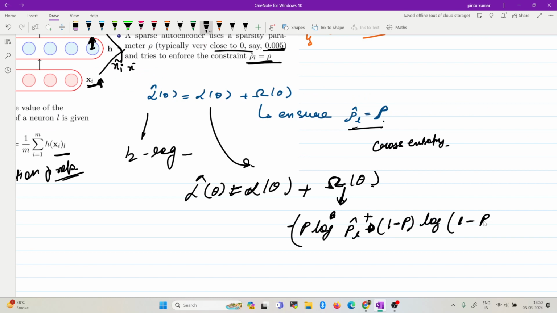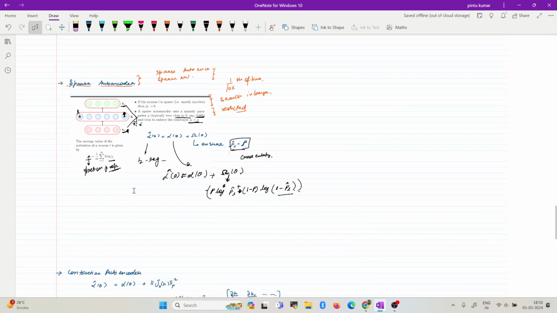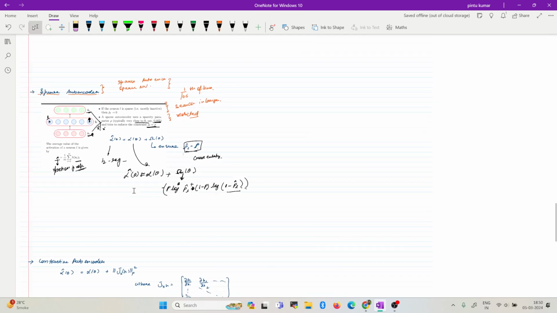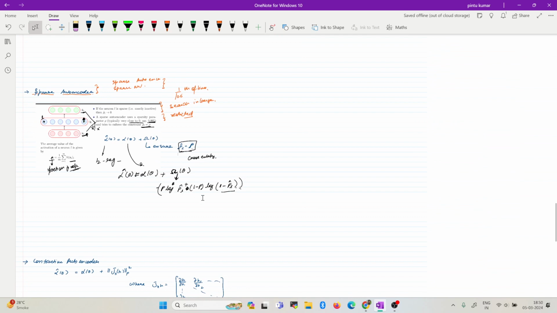This is one possible way. There is one more possible way that I think the professor has covered. You can check that also. I think there is some fraction also that he has involved. So you just need to ensure that your rho L and rho are close to each other. Okay, so this is another way of regularizing your autoencoders.